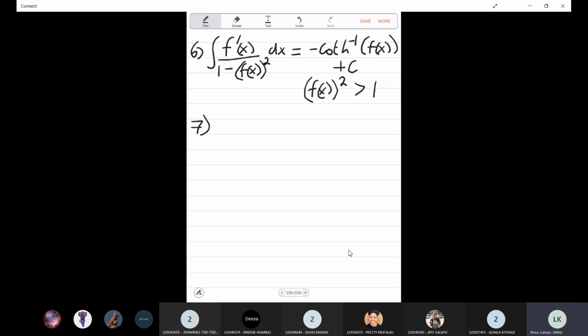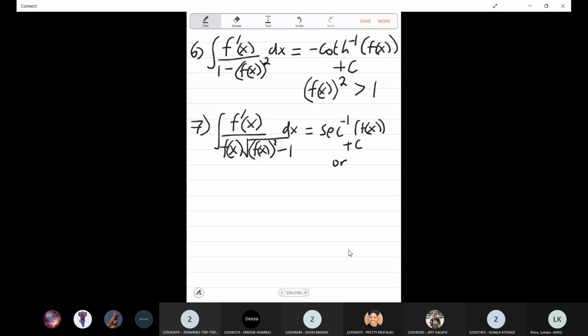And number 7, the integral of f prime of x over f of x times the square root of f of x squared minus 1 dx. This is sec inverse of f of x plus c, or it is minus cosec inverse of f of x plus c.